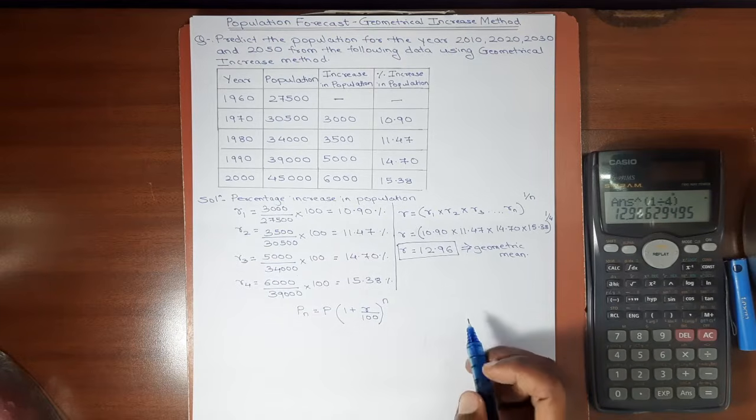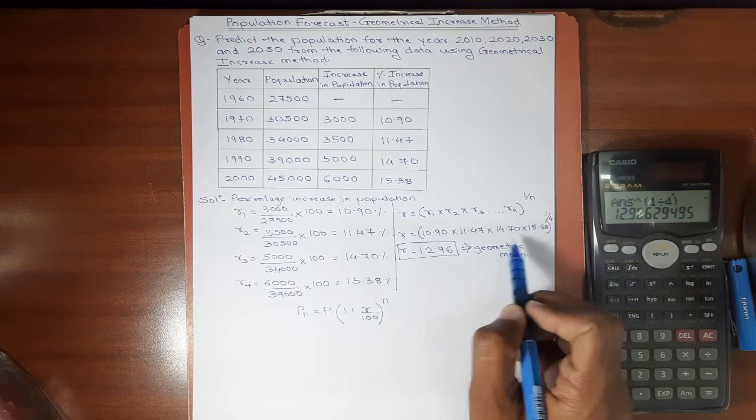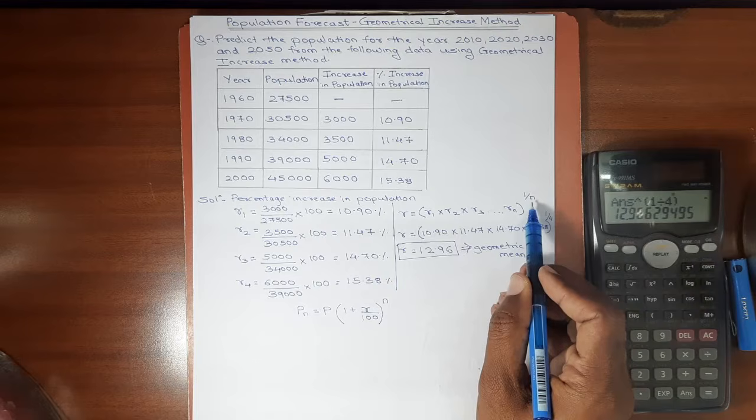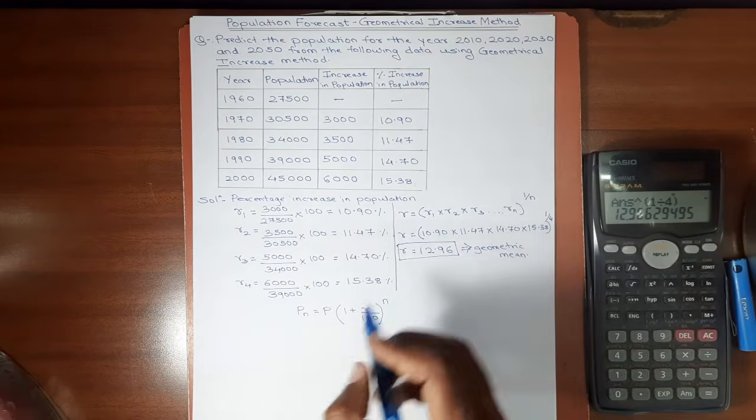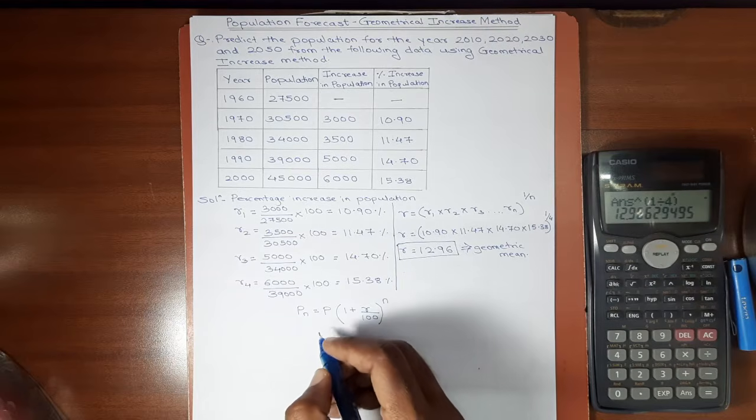Now please remember, while calculating the geometric mean, the value of n was the number of observations that we had, and in this case, that is the main formula.